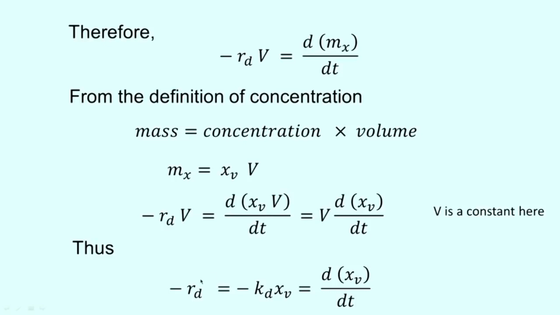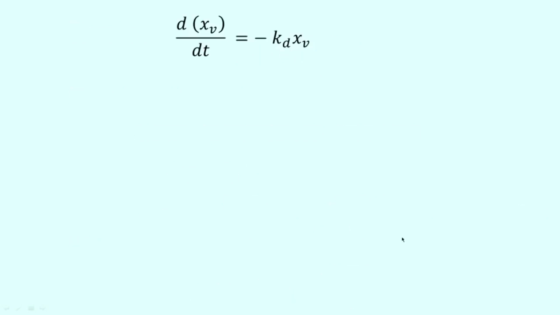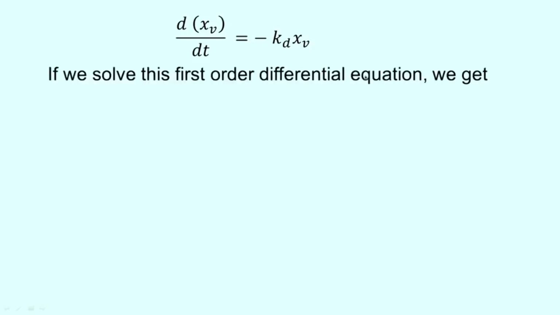We had represented R D as a first order expression, K D into x v, the rate of death of cells equals a constant times the viable cell concentration, that is the first order expression, that equals d x v dt, since we have cancelled the volumes here. This is the final expression here, d dt of x v equals minus k d times x v. This is the first order differential equation which you are all familiar with.